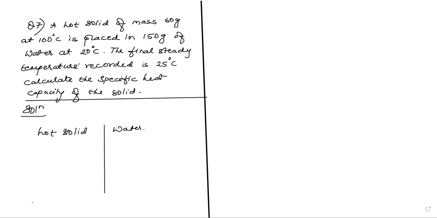Now you see, hot solid of mass 60 gram. So mass of hot solid is what, children? M1 is 60 gram, at 100 degrees Celsius, its initial temperature.